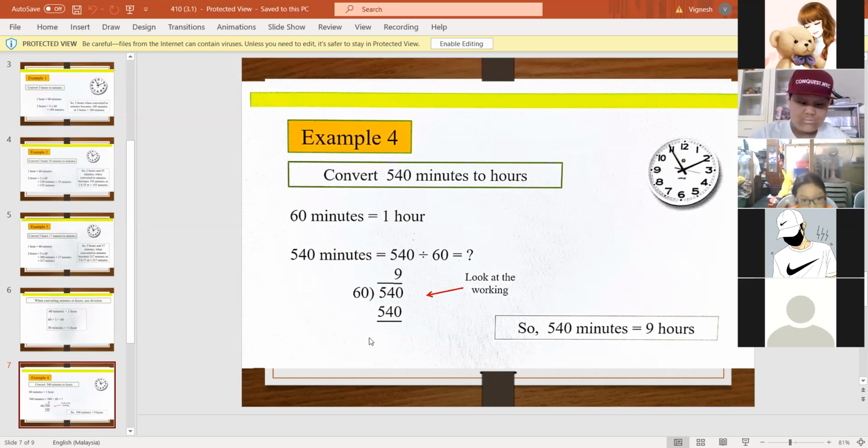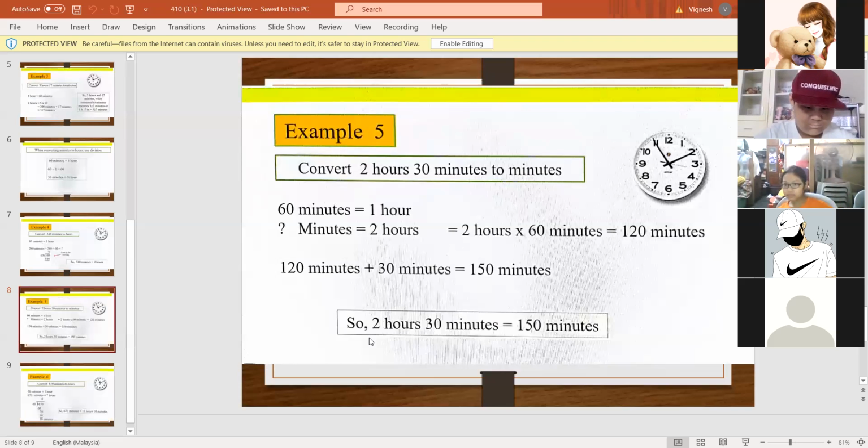9 hours. Okay, so we are moving to another example here. How to do this one, class? Again, from hours to minutes, correct? 2 hours, 30 minutes to minutes.